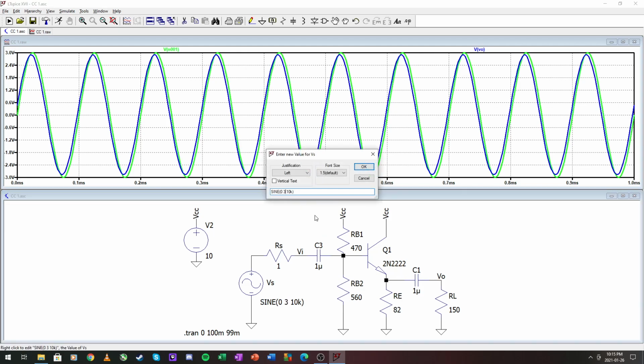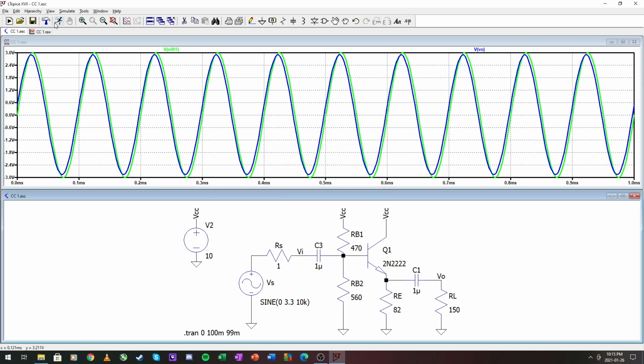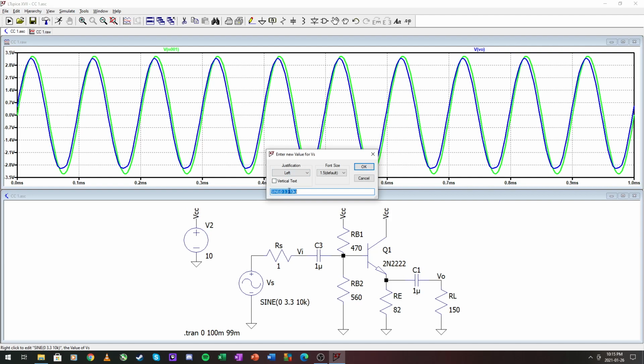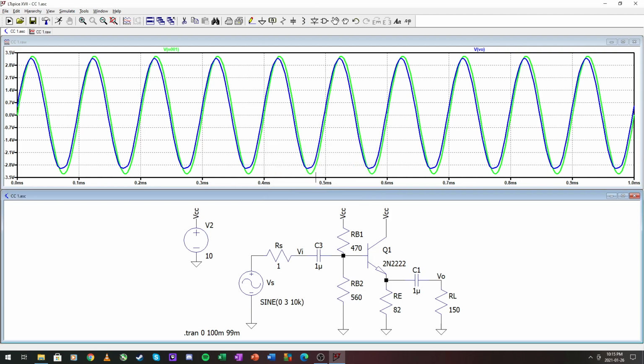If we increase this 3 by a little bit, let's go to 3.3, we should see our bottom here starting to degrade a bit. Okay, so 3 is a nice estimate for our circuit.